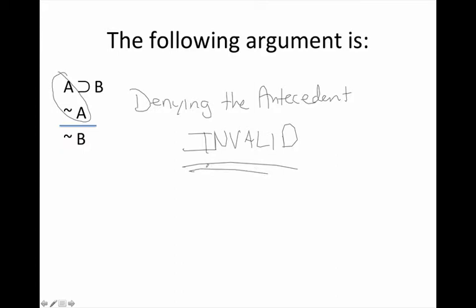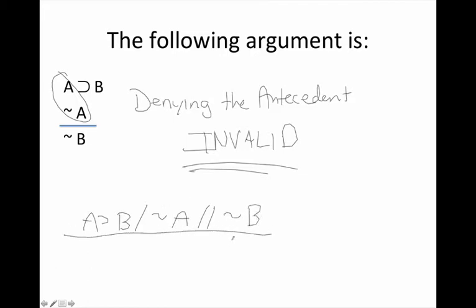It's invalid to infer a denial of the consequent from a denial of the antecedent. How do we know? For sure, let's construct an indirect truth table.